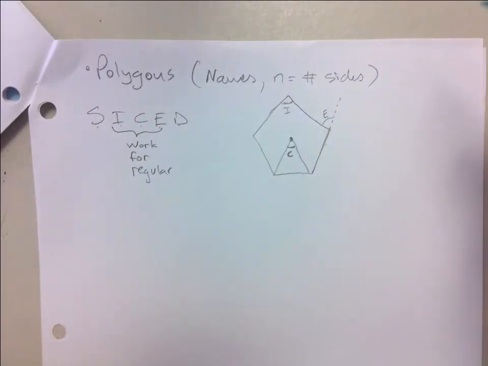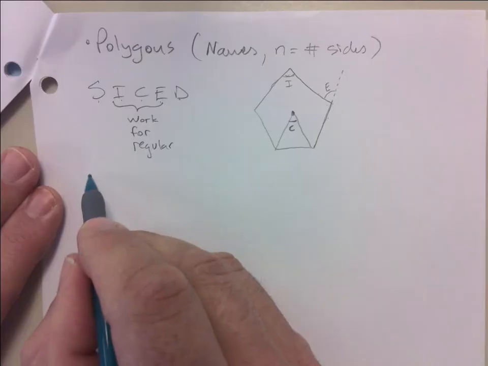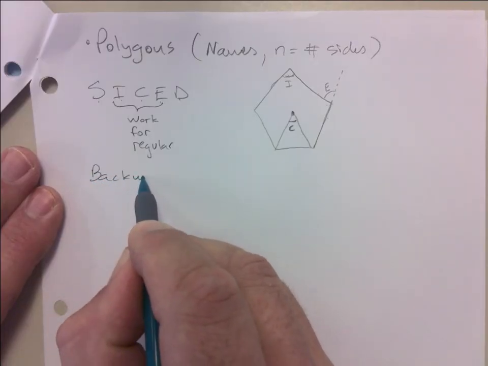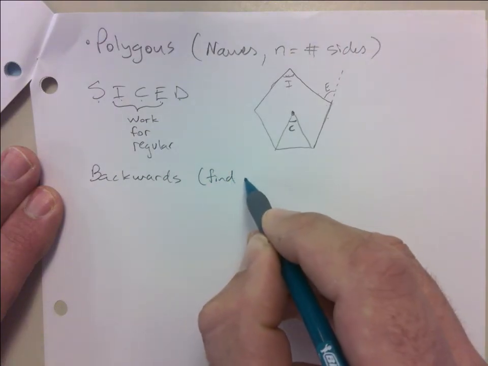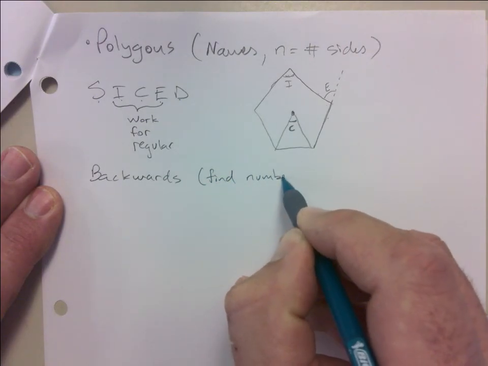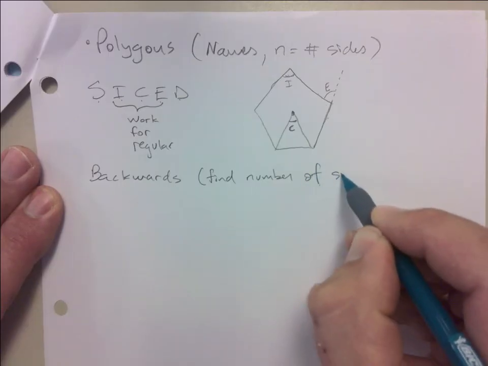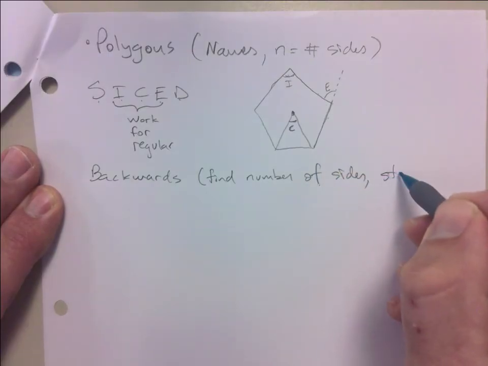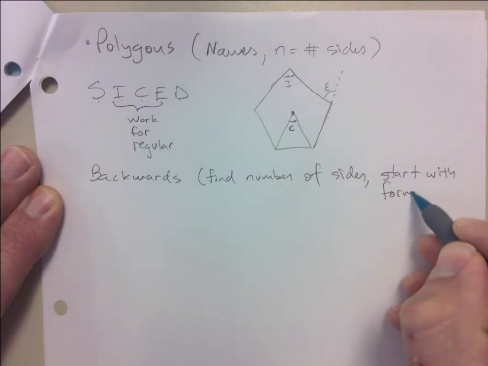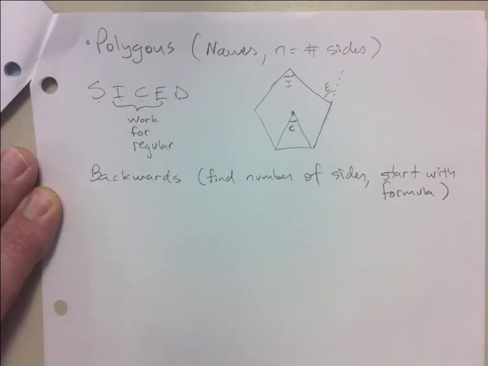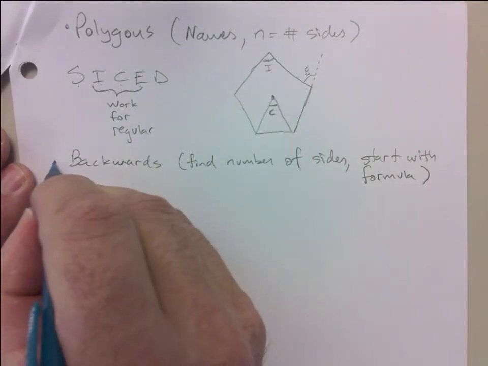So once it's there, you should be able to label it, you should be able to calculate it, know how to do that. Also know your backwards: find number of sides. Start with the formula. You've got to be able to do that one as well.